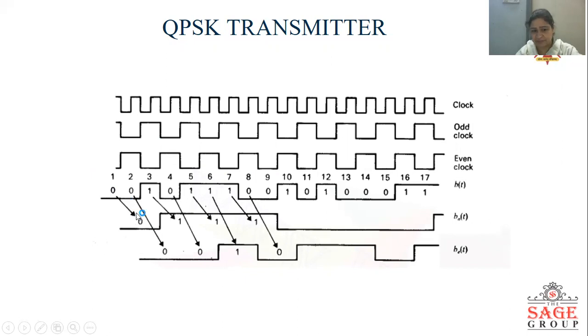That means the first bit, third bit, fifth bit, seventh bit, and so on. And BET will register even-numbered bits. That means second, fourth, sixth, eighth, and so on. So BOT and BET will take alternate bits and will hold each bit for 2 TB.